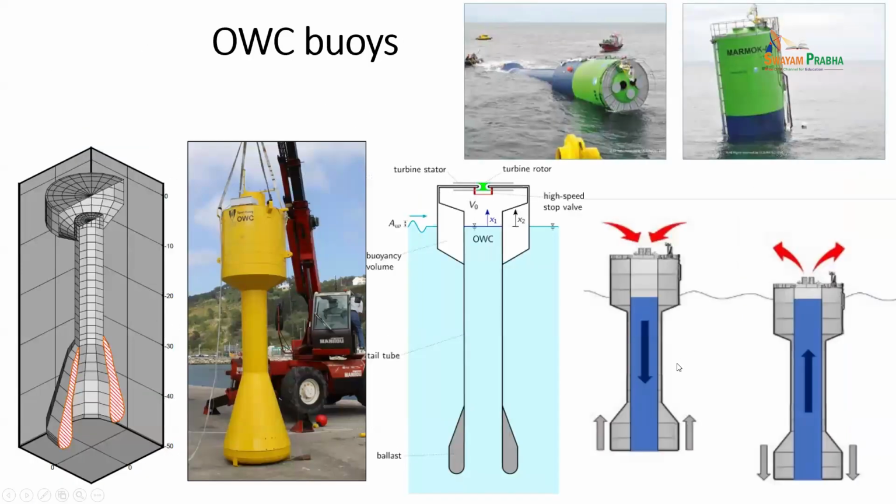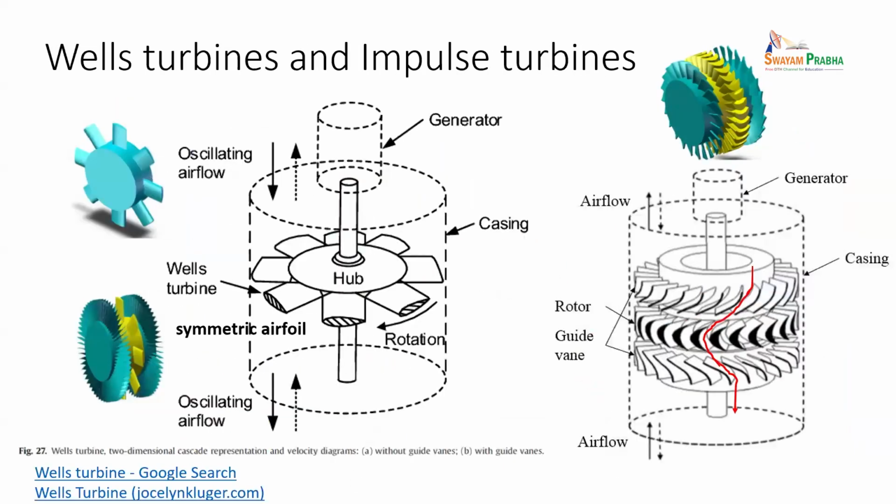This is another design. Just like that, for the oscillating water column there are many different designs, even for the turbine. This turbine is in rotation and this one is fixed. There are many different turbine designs.